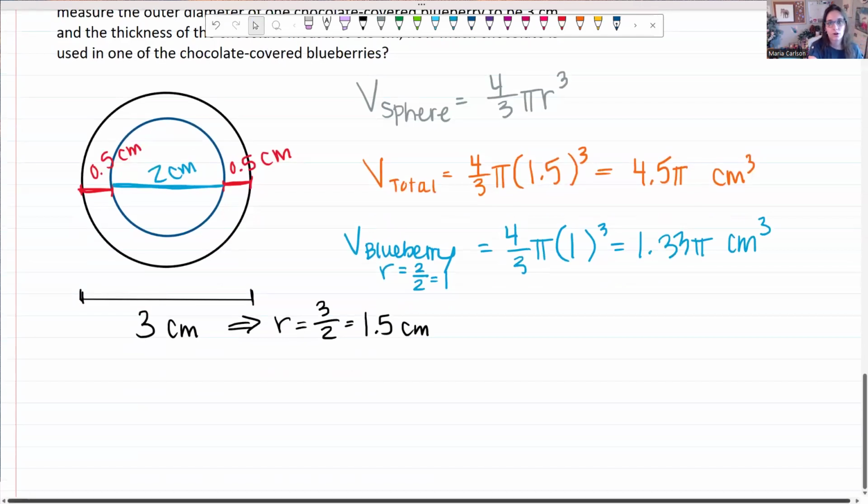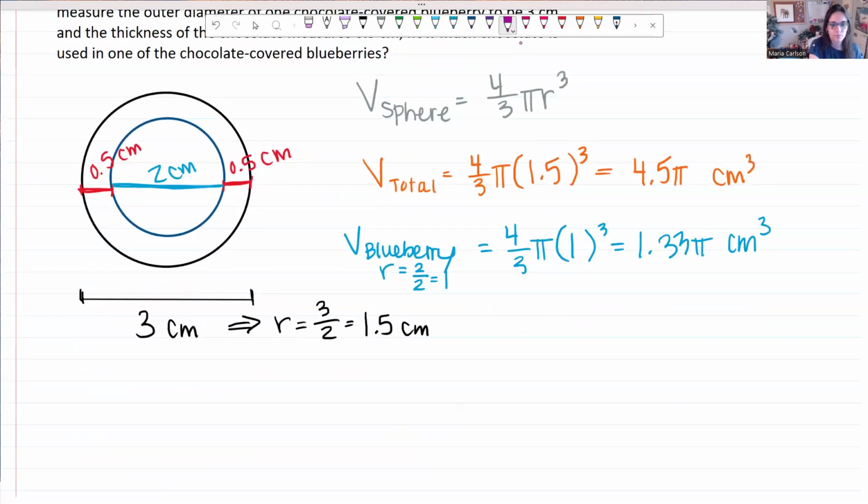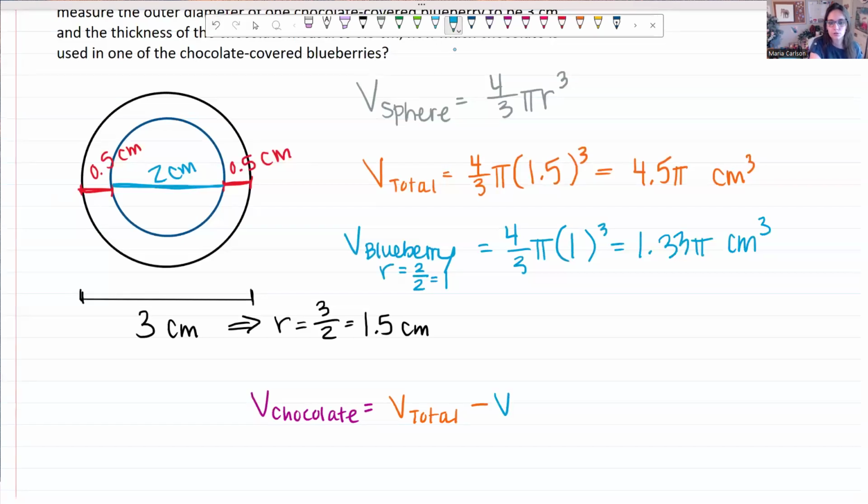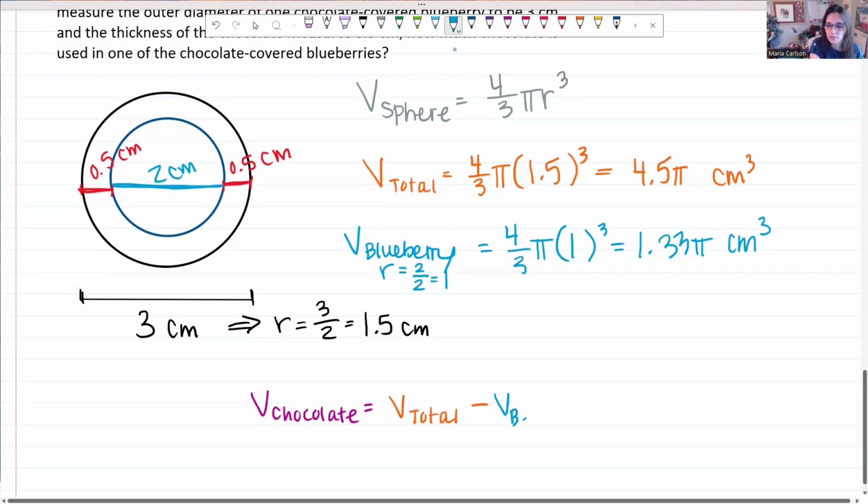So if I want to find the volume of just the chocolate, the volume of the chocolate is the difference between the total volume and the volume of the blueberry. The total volume, which was 4.5 pi, minus the volume of the blueberry, which was 1.33 pi.